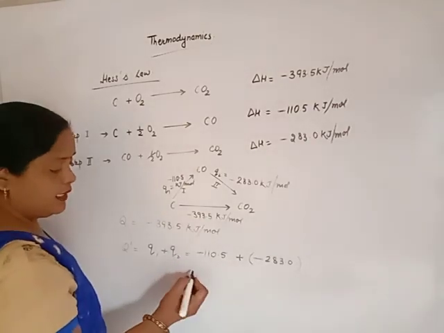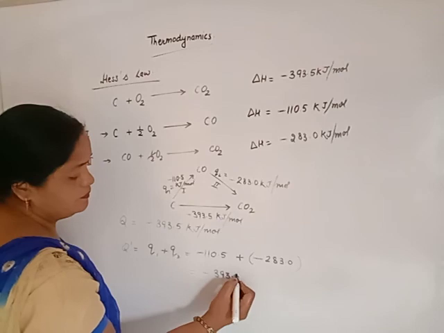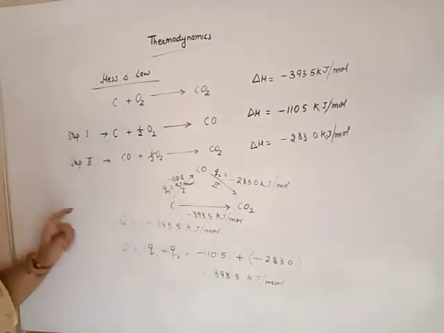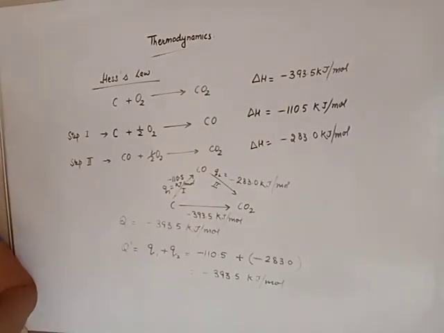Adding these two, the answer is minus 393.5. It follows Hess's law because Q and Q dash are both the same. This is the experimental verification. This is all about Hess's law.